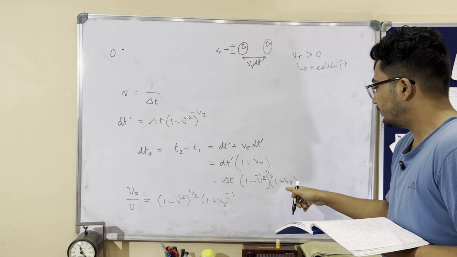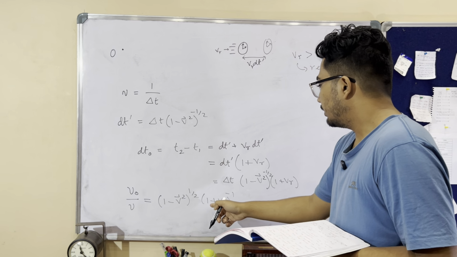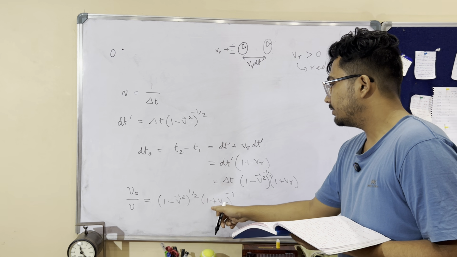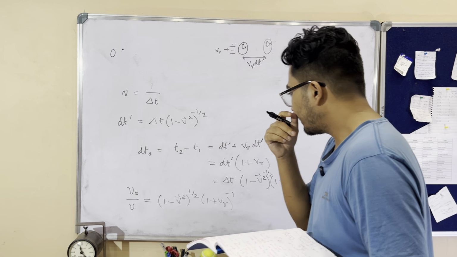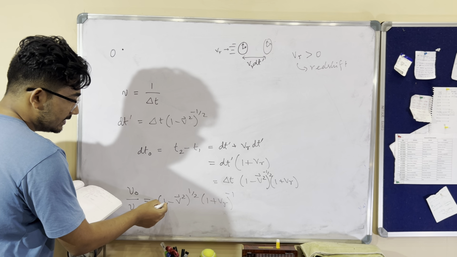See here, if Vr is greater than 0, that means we are dividing this term with some factor that is greater than 1. So, this term will be reduced, and this term here is less than 1.